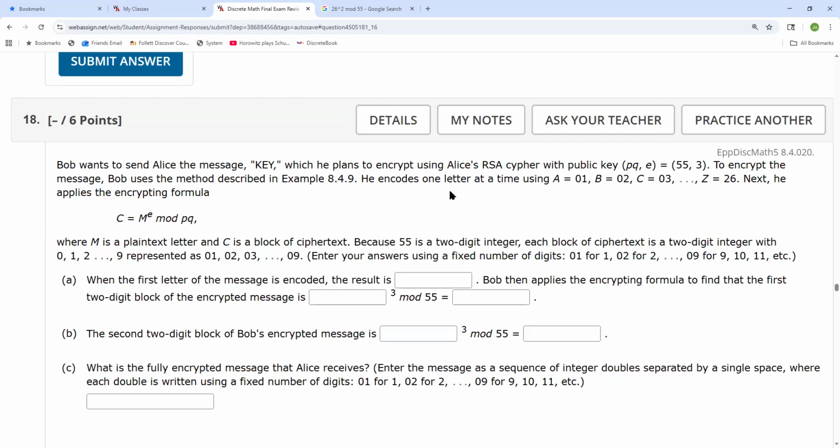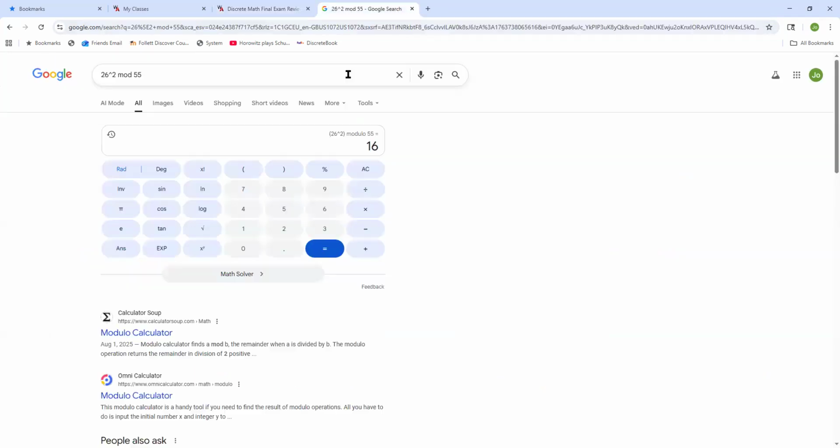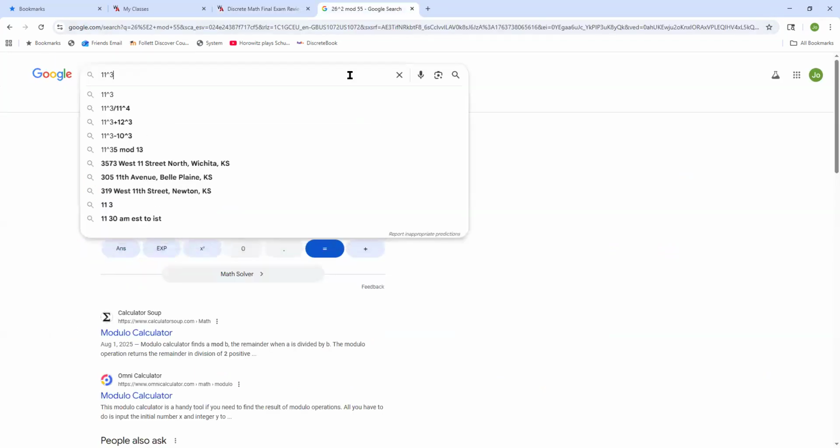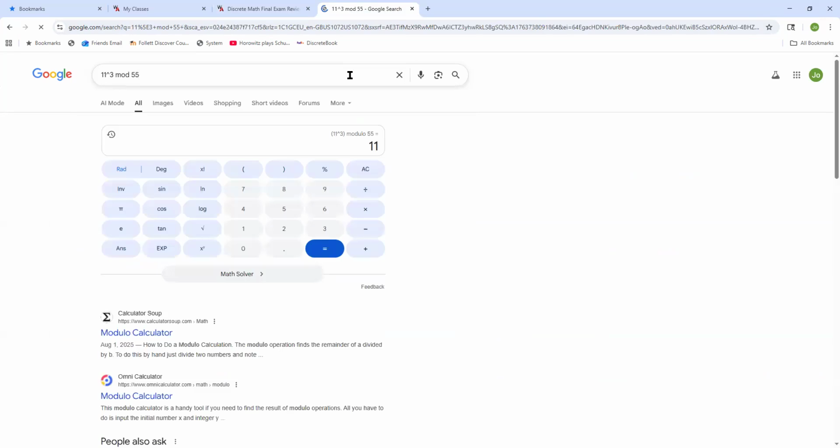So the number for K would be 11. So when the first letter of the message is encoded, the result would be 11 to the power of E, which is 3, mod 55. So 11 to the power of 3 mod 55.